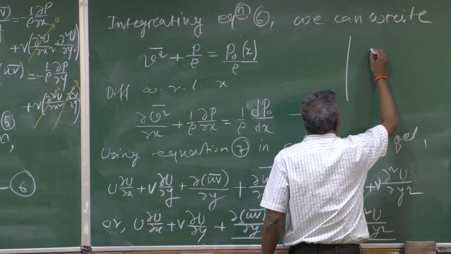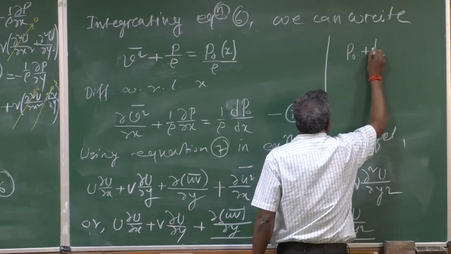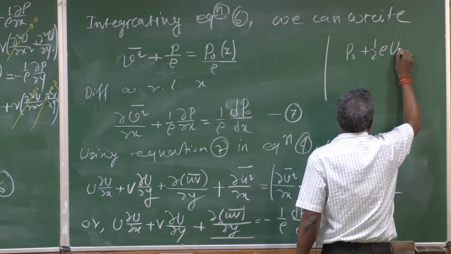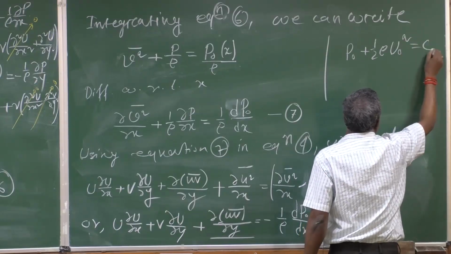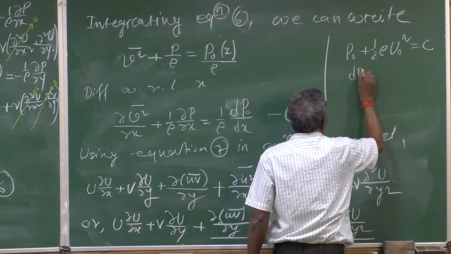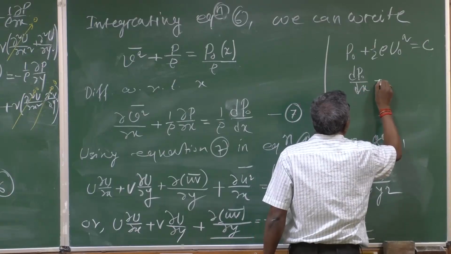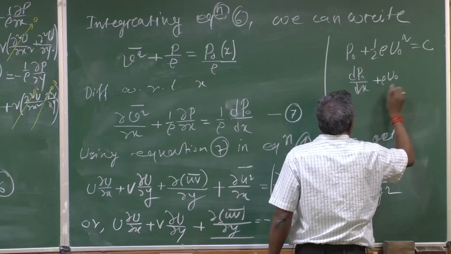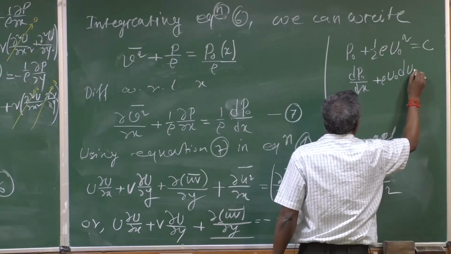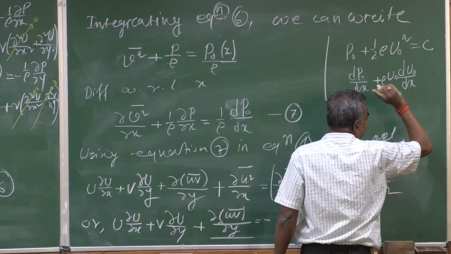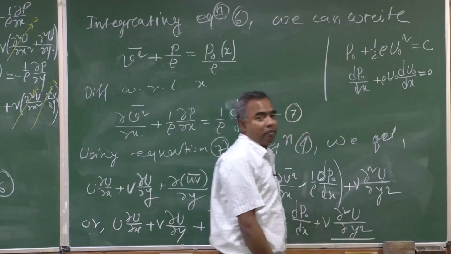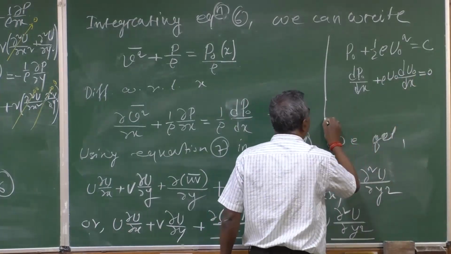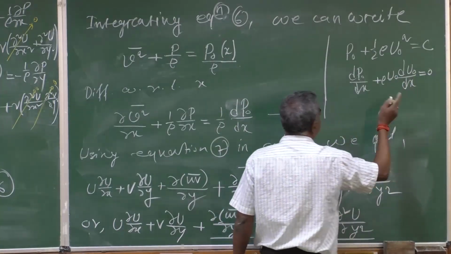In your free stream, P naught plus half rho u naught squared is constant, or dp naught dx equals rho u naught du naught dx. U naught can be a function of x, keep it in mind. If there is a non-zero pressure gradient, then u naught is not necessarily constant at all x.